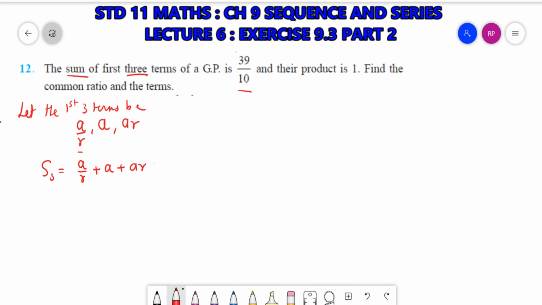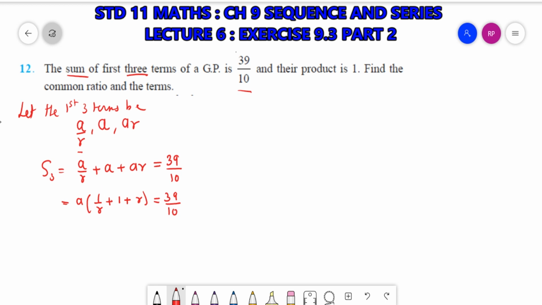So this is the sum of these three terms, which is equal to 39 by 10. So what we can do, we can take A common. It will be A into (1 by R plus 1 plus R), equal to 39 by 10. Clear? So this was from the first given thing.